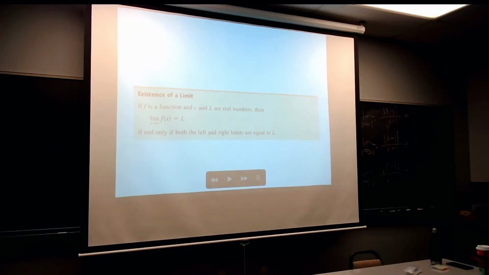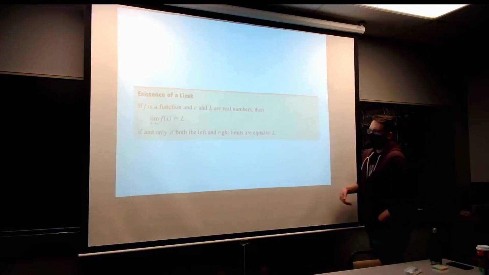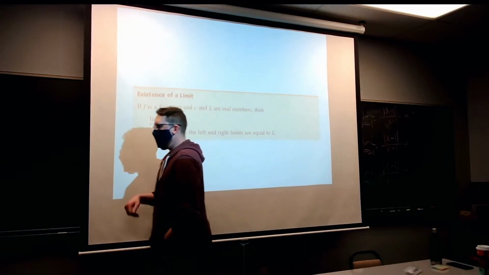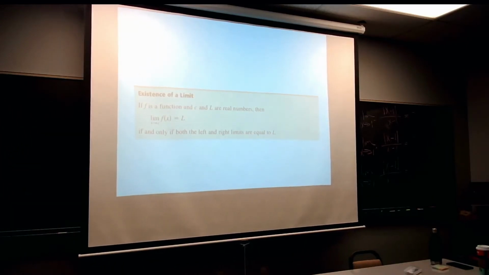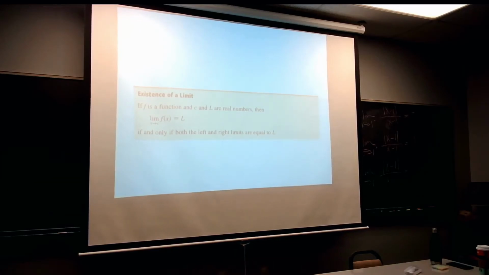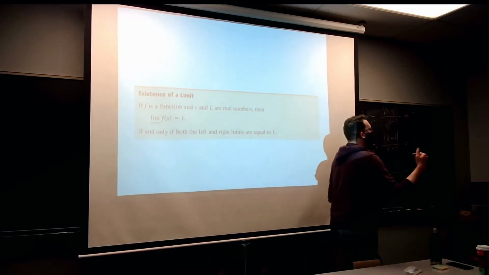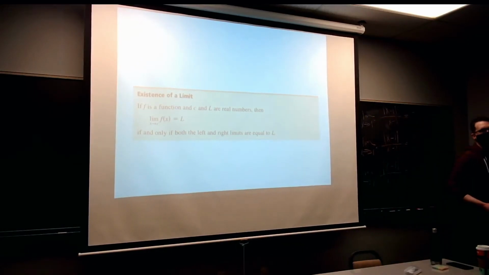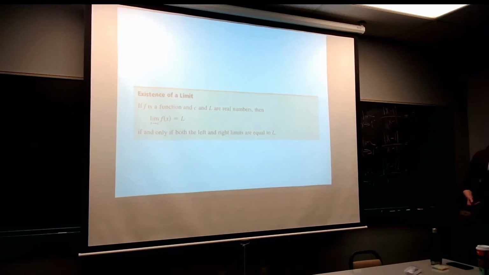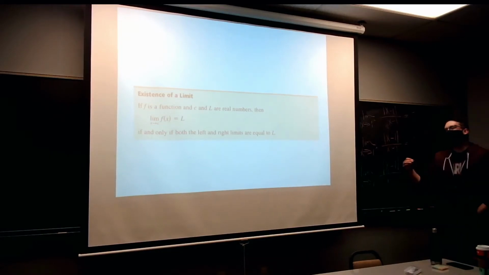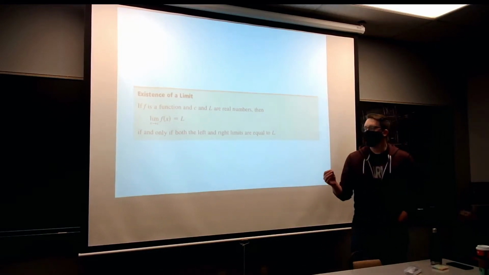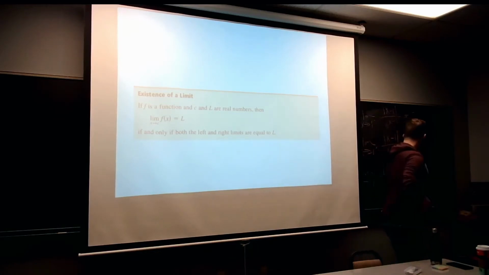Alright, so, as we've said, we say the limit exists if both directions agree. I'm stressing this point because it says a lot about what the limit means. It's telling us that the limit, it'll be easier if I draw it.